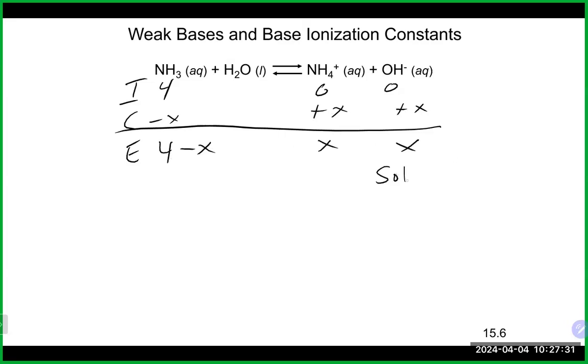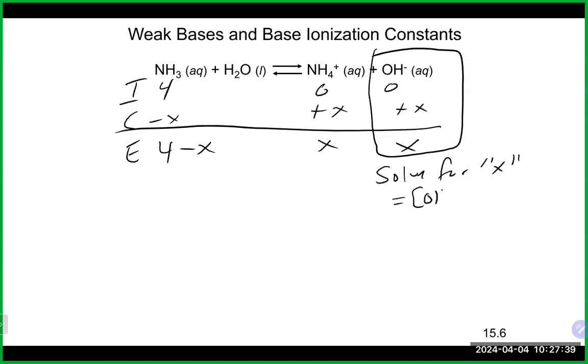When I solve for x in this case, if we go to our table, you have to remember that it actually equals the OH minus concentration. Again, not the H plus concentration. That means in this case, you might have to do an extra step here, which is first get the pOH, then do a little 14 minus it, and you can get yourself to the pH here at the end. So you got to remember that it is the OH minus in this case.